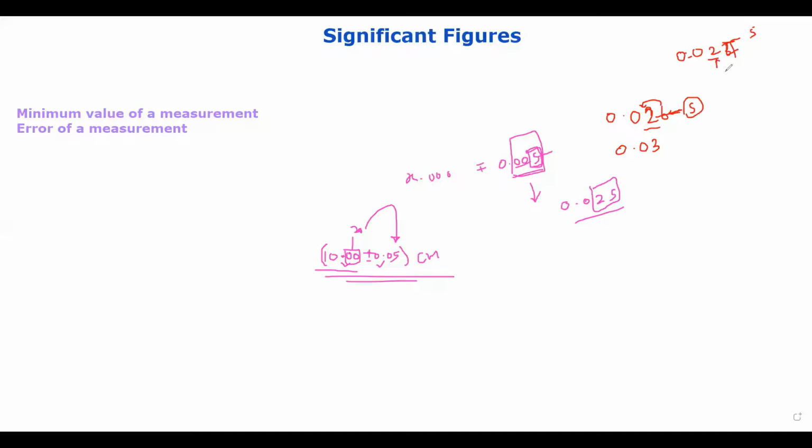So what is the error now after rounding off? 0.02. We can't round off now because 4 is less than 5. If it is higher than 5, we can round off like this. But what if the value is 0.025? What are the rules?